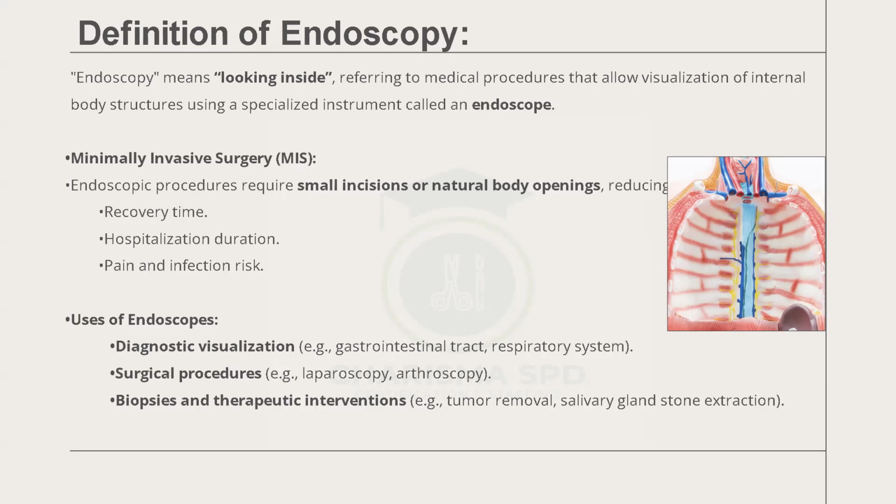Biopsy and then therapeutic interventions. Biopsies are to go in there and take a sample to run some tests. It means they take some part of your body and run cancer-related tests.